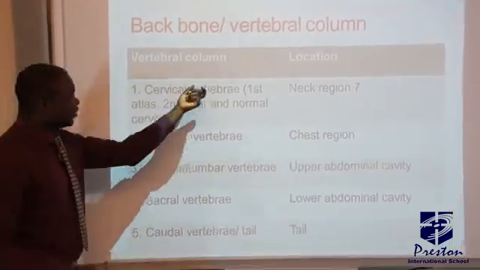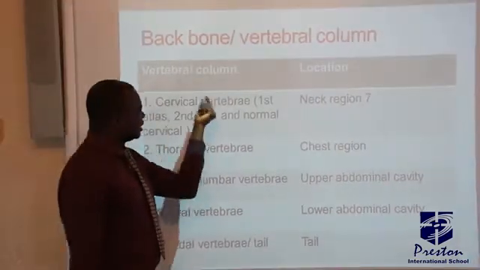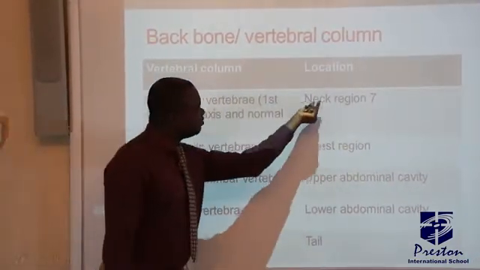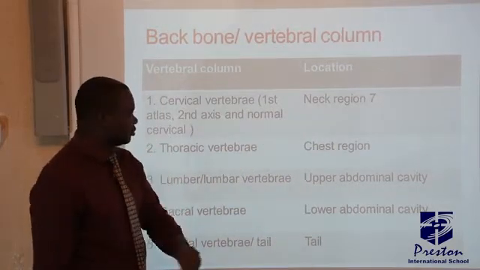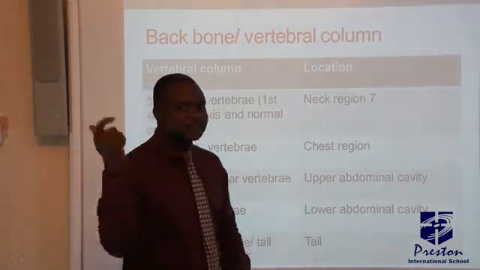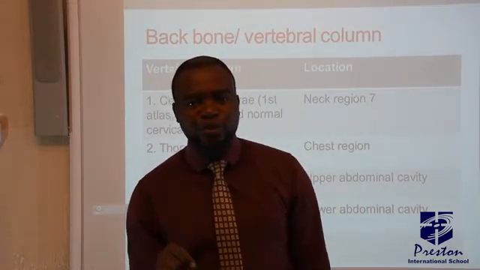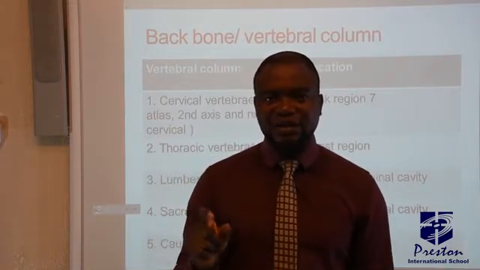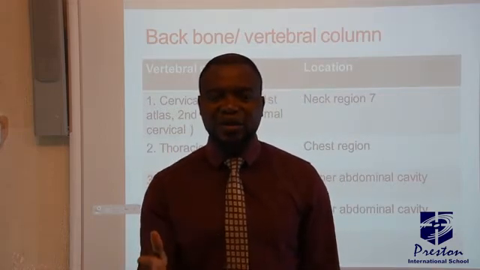We have cervical vertebrae. Those are the backbones we have in our neck. There are several of them. Please take note of that very well. The first one that is next to our skull is called atlas. I've told you how to remember that. Put atlas and axis, then try to use alphabetical order. Okay?